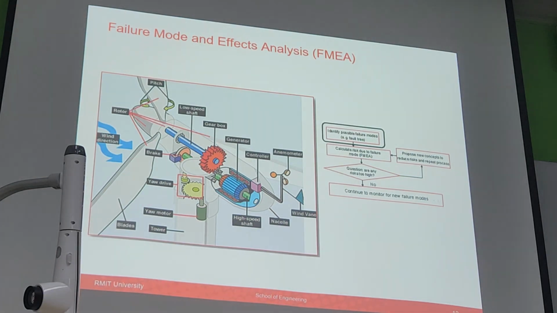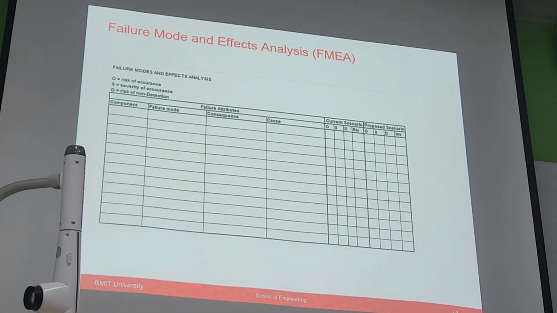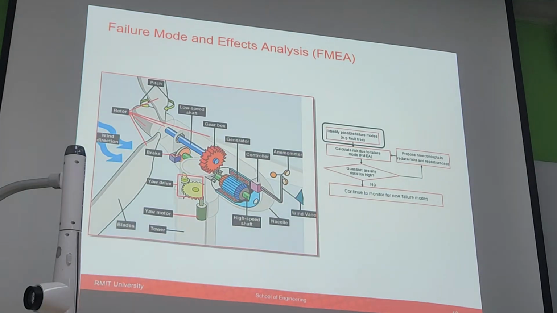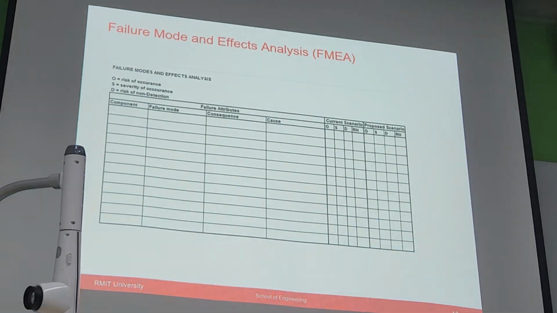Identify the possible failure modes in this figure. Which part of them can we consider? We can use this table, and the table is Failure Mode and Effect Analysis, FMEA.